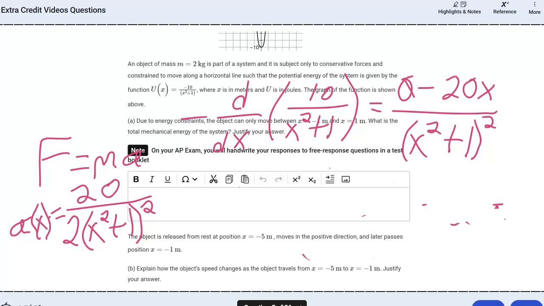And if we find a of -5, we find that it's about... -20x, sorry.